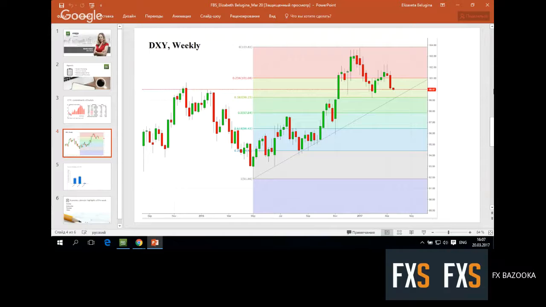Here are the technical targets for the US dollar.